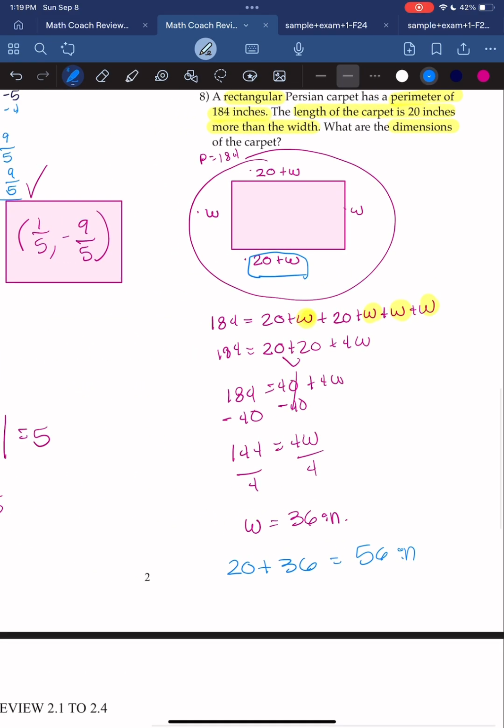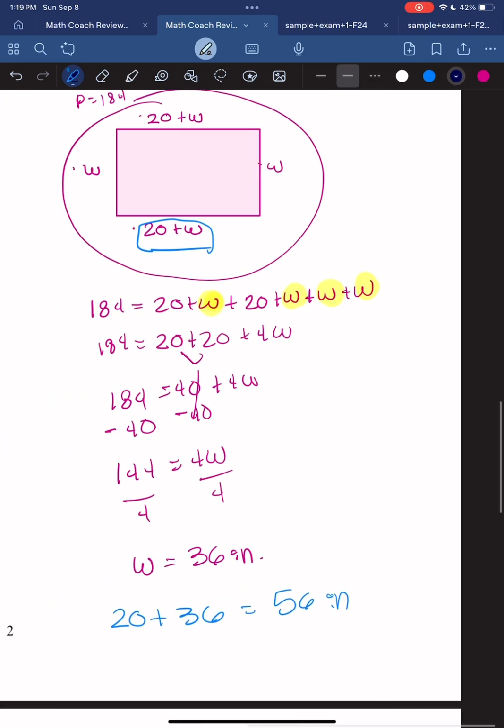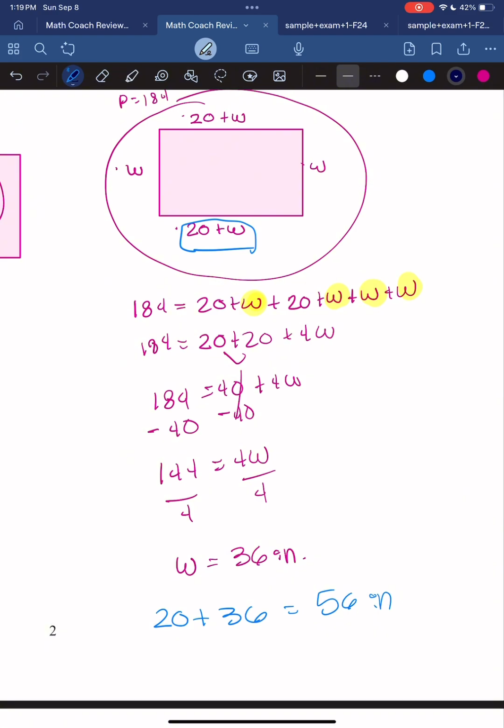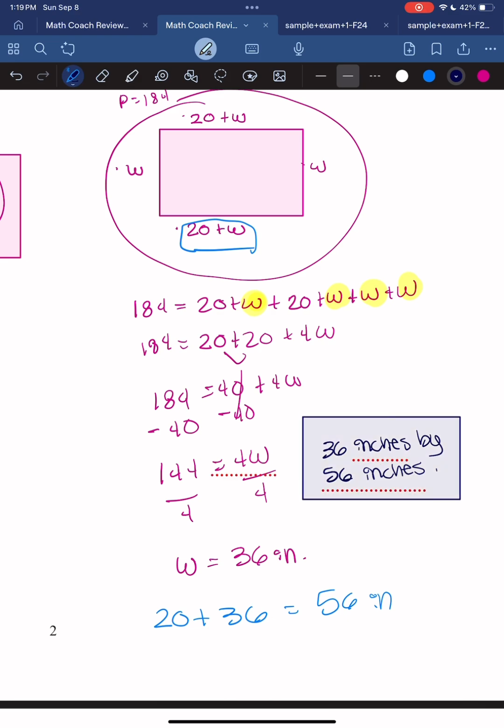So you have to explain what you got. You have to explain what it is with the correct unit. This is asking for the dimensions. So the dimensions are 36 inches by 56 inches. So that is our answer.